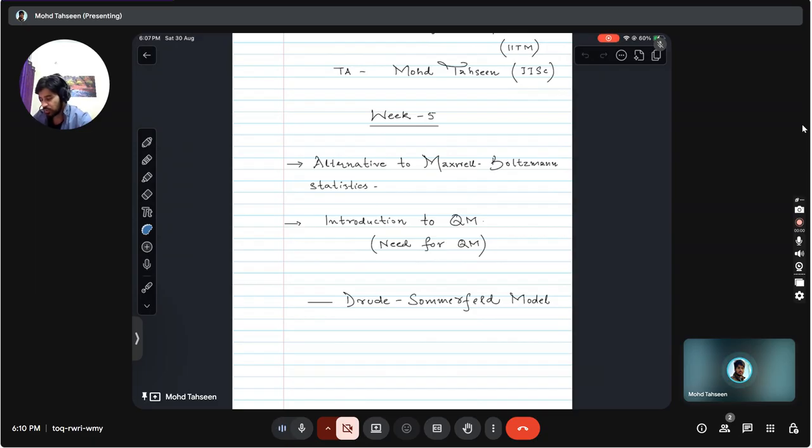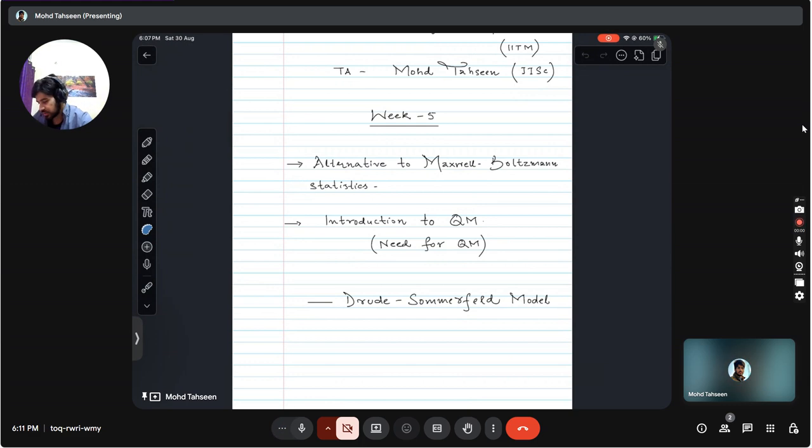So that compels us to look for an alternative treatment so that we can correlate the experimental findings and the theoretical understanding of the material.